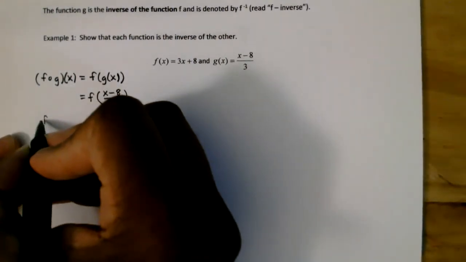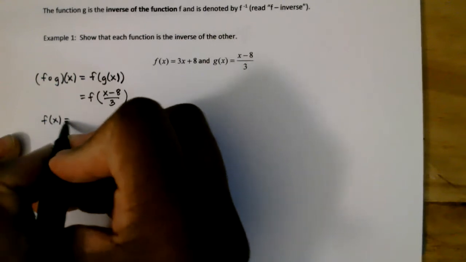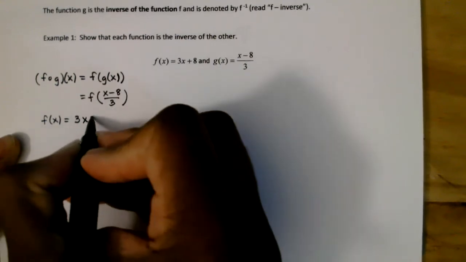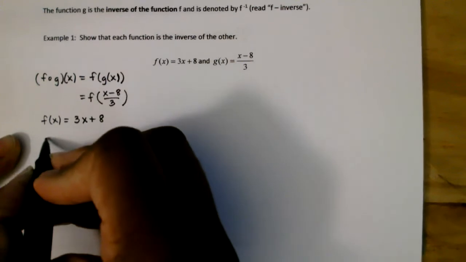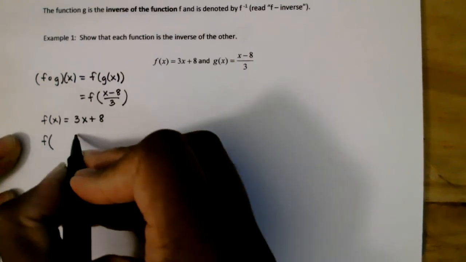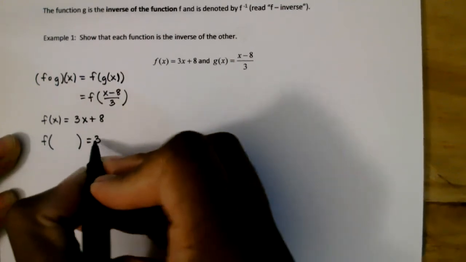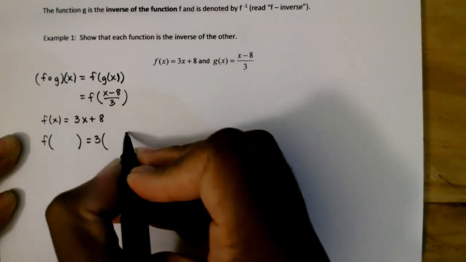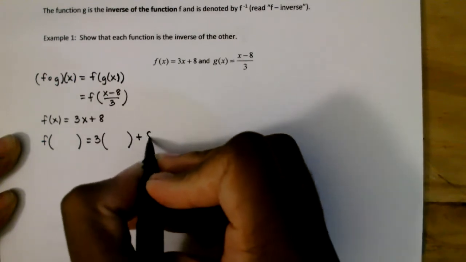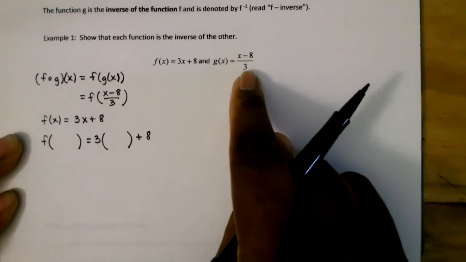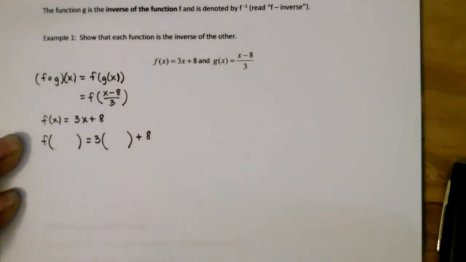Now here, f of x is 3x plus 8. So for each and every x in the f of x function, I'm going to substitute what g of x is. And of course, g of x is x minus 8 over 3.